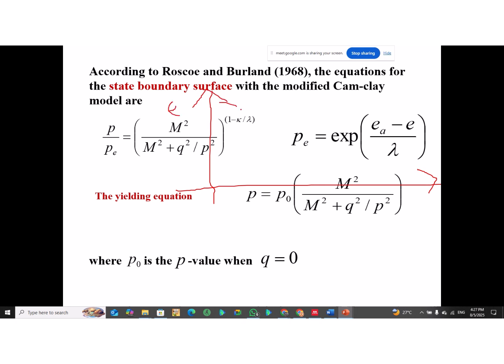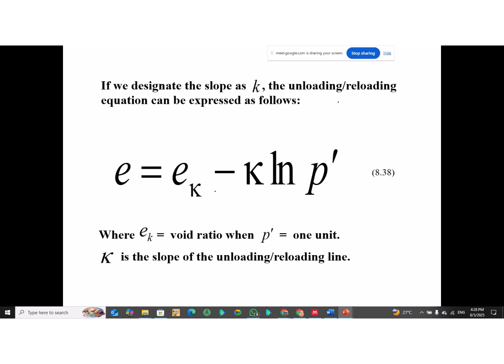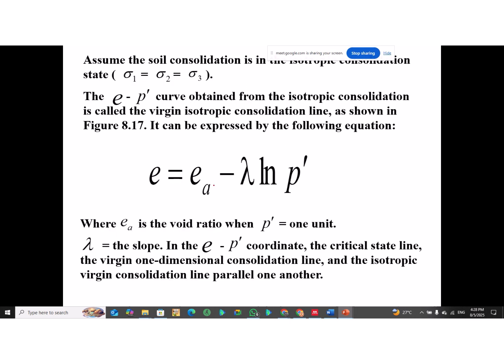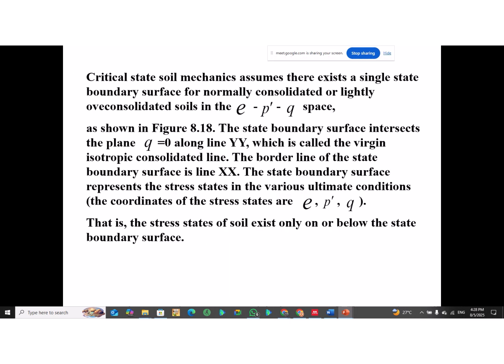So usually the curve for 1D consolidation is like that, and this is the ln of p. And remember we said PE is when, just to refresh your memory, EA is when P is 1 unit.